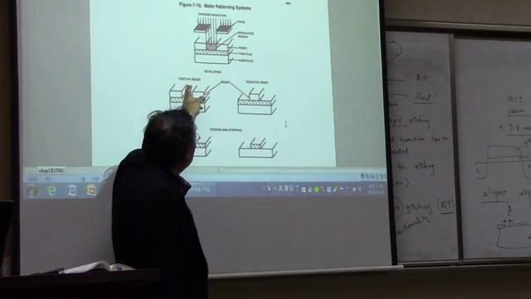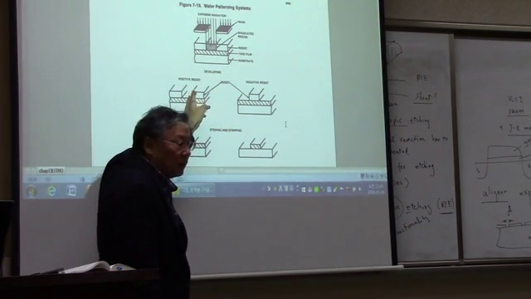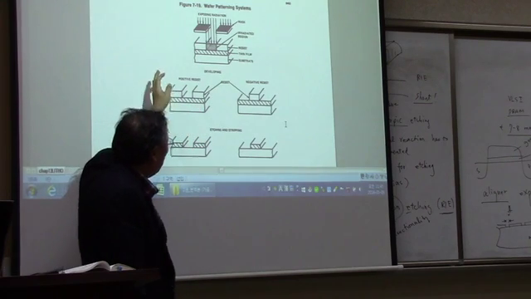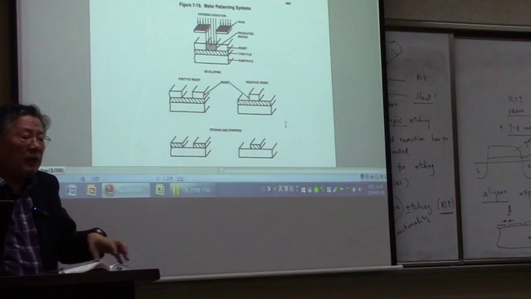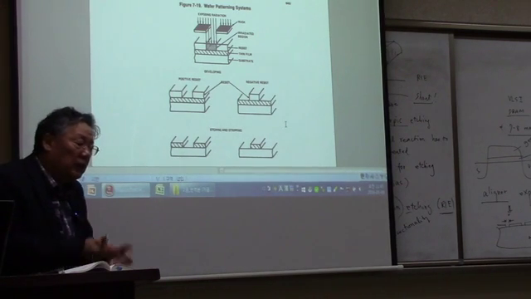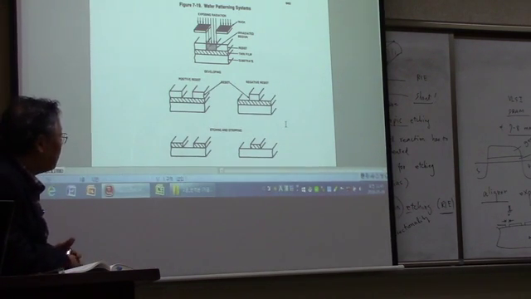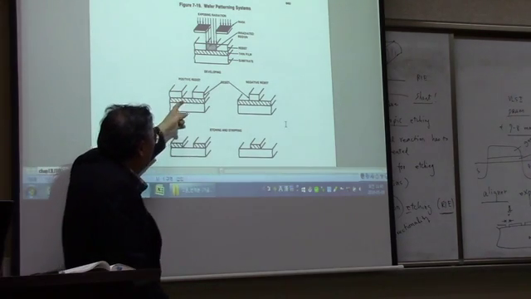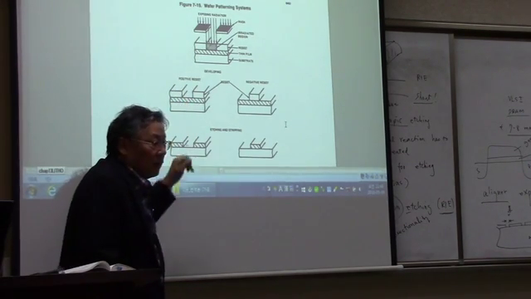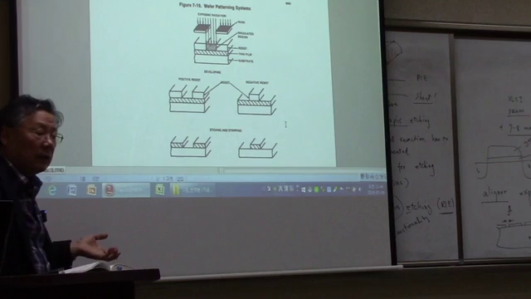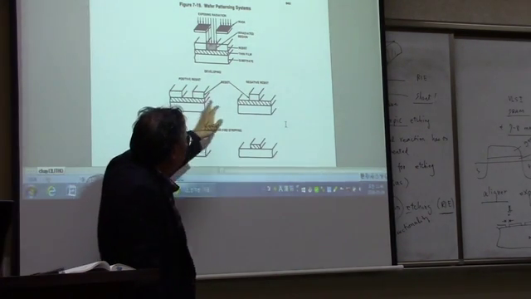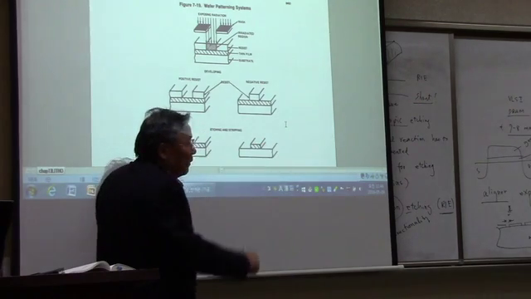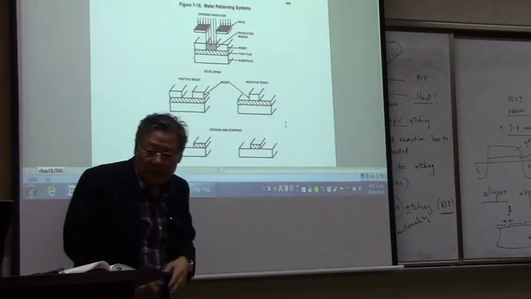And if you use the positive photoresist, that means that when you shine the light, that part of the positive photoresist is going to be dissolved in the developer. Okay, so positive and negative is just the other way around, and we have a choice for that.